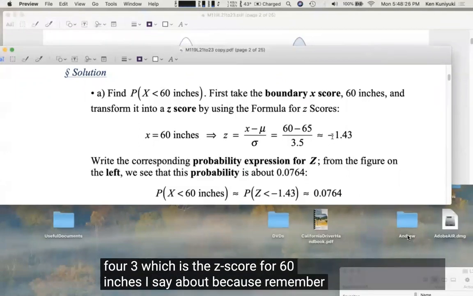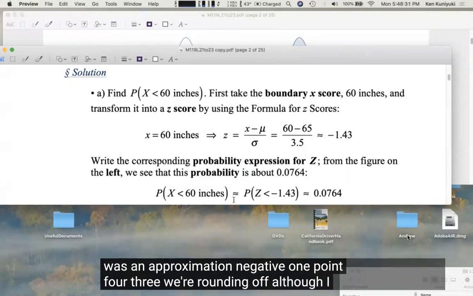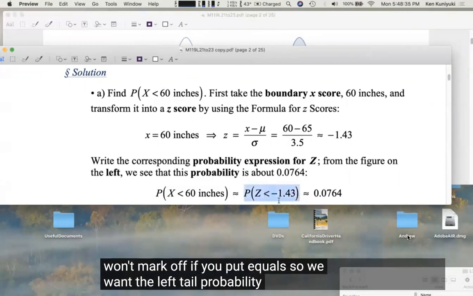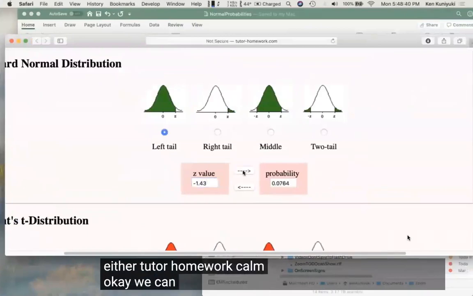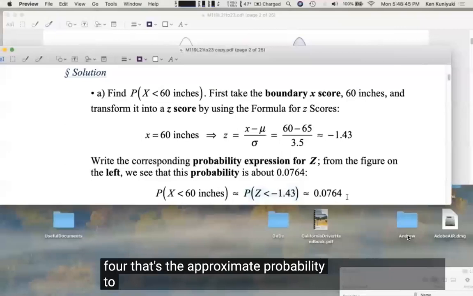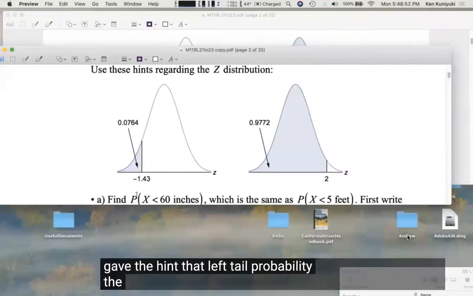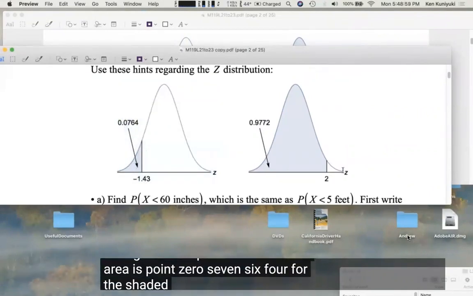I say about because this was an approximation; we're rounding off, although I won't mark off if you put equals. We want the left tail probability, and from tutorhomework.com, we can see it's 0.0764. That's the approximate probability to 4 decimal places. Or remember, I gave the hint: the cumulative probability to the left of negative 1.43, this area, is 0.0764 for the shaded region.